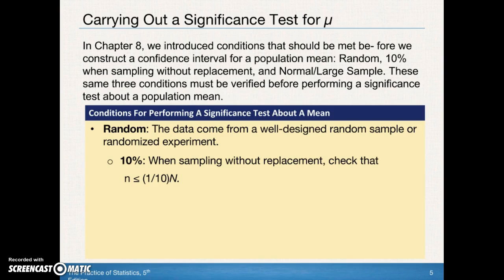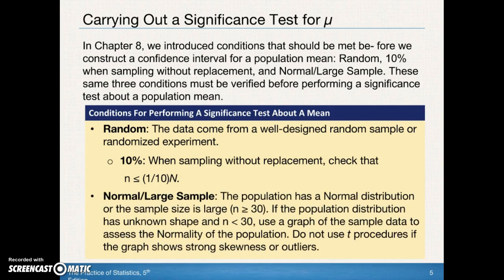You could also write it as the population is 10 times the sample size. And then the last condition is that normal or large counts condition or large sample. And because again we're dealing with means, this one changes a little bit. If the population has a normal distribution, we're good. If the sample size is larger than, say, 30, we're good to proceed.